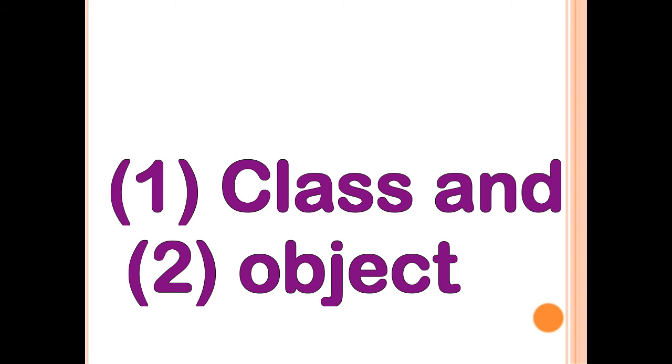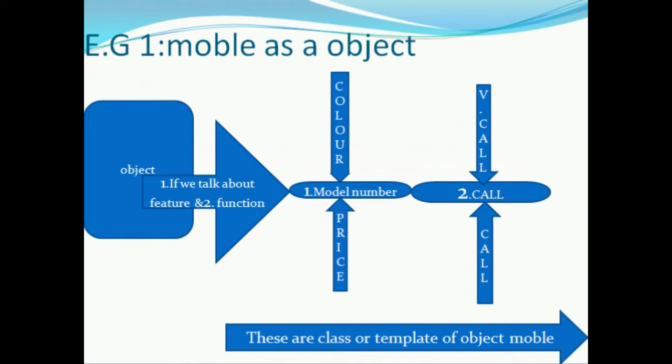Now let's try to understand with some examples. The first example I am taking is a mobile as an object. If we talk about the features of this mobile, the color, model number and price, I consider these as the class attributes. If we talk about the functions of this mobile, to call, video call and audio call, I consider these as the class attributes too.